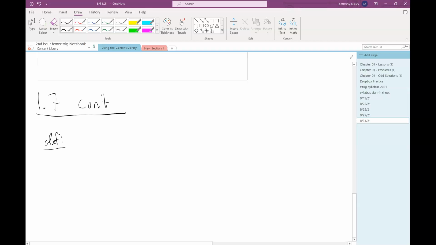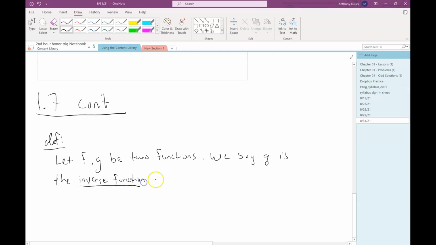So we say that two functions f and g, and we say then that g is the inverse function of f if and only if g composed f of x equals f composed g of x, which equals x.